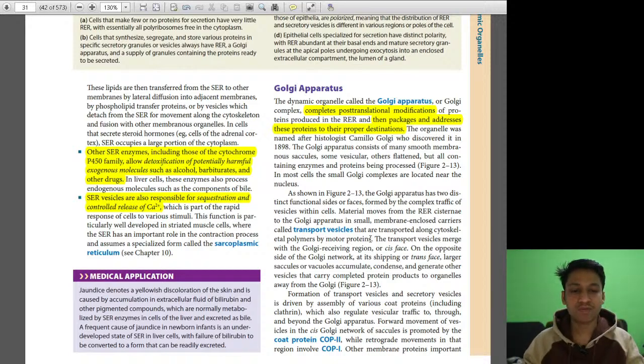So here is a transport vesicle, the material, basically protein, that comes from the rough endoplasmic reticulum cisternae to the Golgi apparatus. It forms in a small vesicle. We're going to call them transport vesicles, and these are membranous.